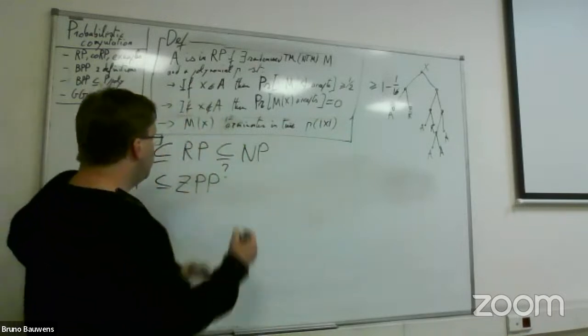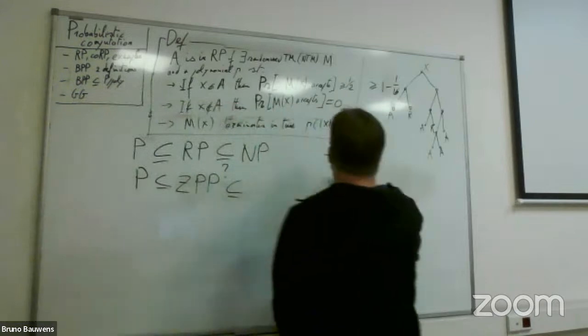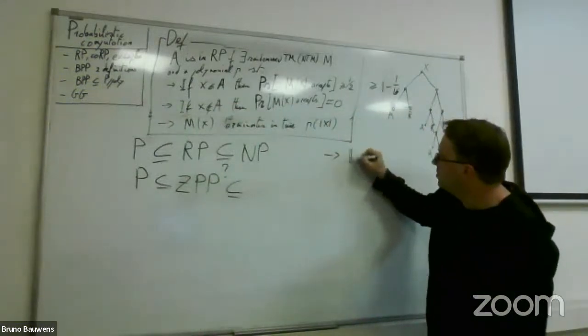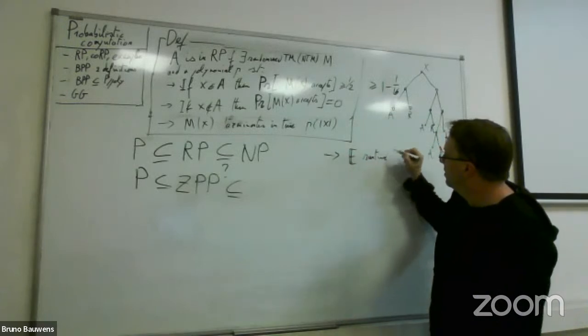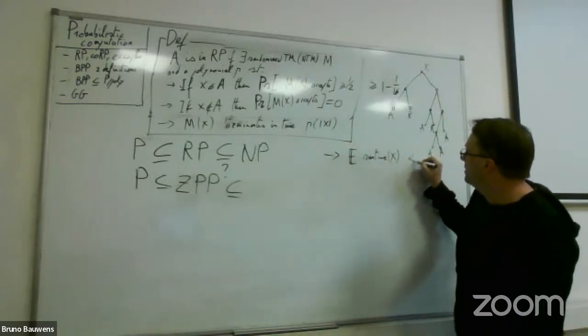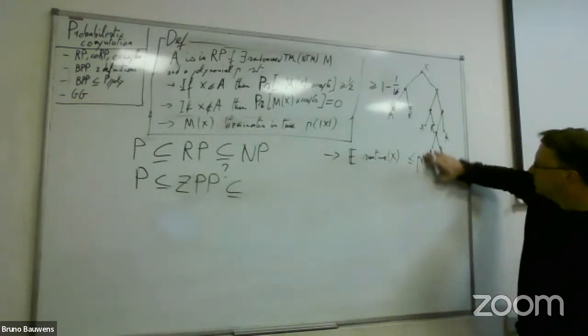A is in ZPP if there exists a randomized machine M and a polynomial such that two conditions are satisfied. First, the expected runtime on input x is bounded by a polynomial in the length of x.